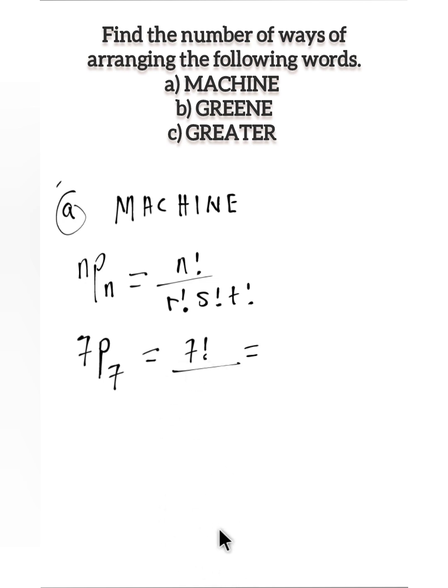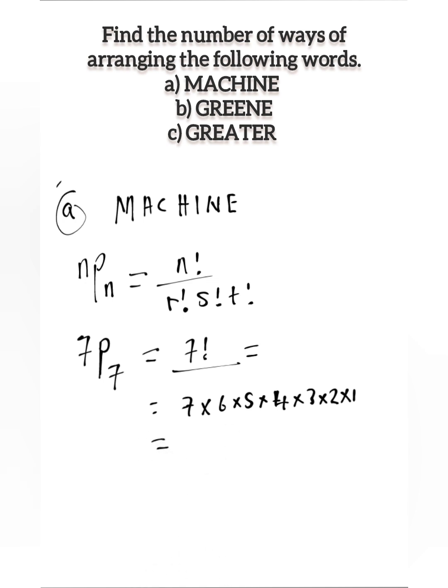Now what exactly is 7 factorial? Well, you can multiply 7 times 6 times 5 times 4 times 3 times 2 times 1, and that will give you the answer.